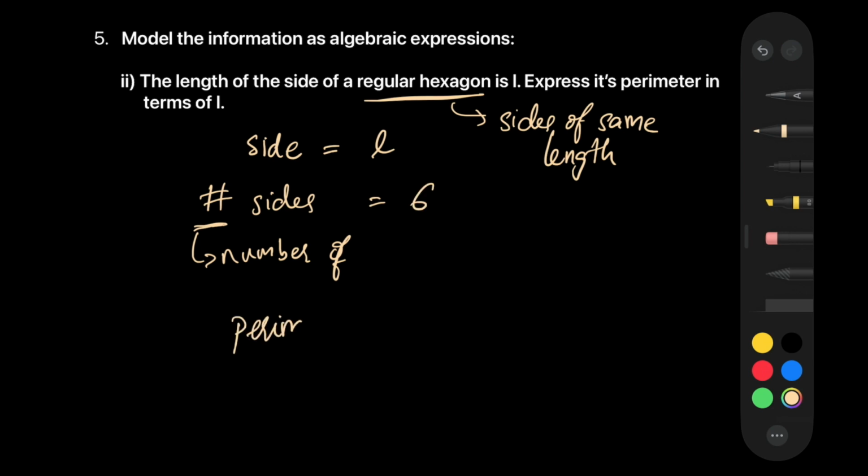Now, the perimeter is the sum of the length of the sides. So that is 6 into L, which is 6L. So the perimeter of a regular hexagon in terms of L is 6L.